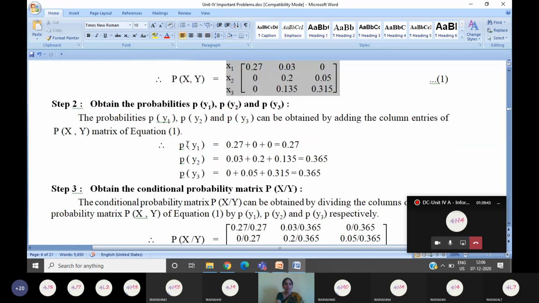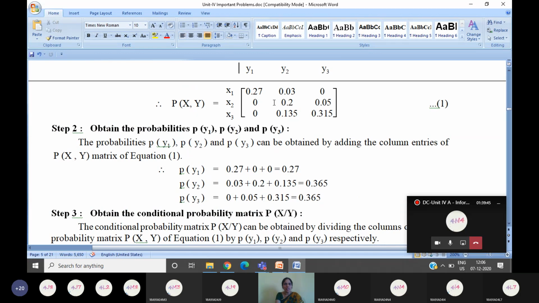For P of y2, add all the elements of the second column. Second column elements మనకి 0.03, 0.2 and 0.135. If you take the sum of all the three elements, you can obtain it as 0.365. Okay, and the next, third element of the receiver is P of y3. You can obtain this by adding all the third column elements, that is 0 plus 0.05 plus 0.315.